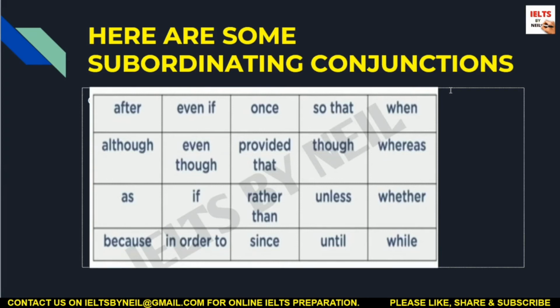It's just that you did not know the term subordinating conjunction. Okay, so whenever any sentence begins with any of these words, it is called a complex sentence.